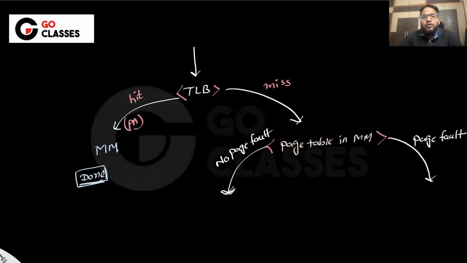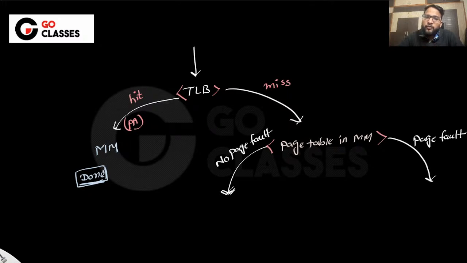Now, in case of TLB miss, you have anyway spent 20 nanoseconds. Now, there could be a page fault, or there could not be a page fault, right? Now, tell me how much time you are going to take if there is no page fault.